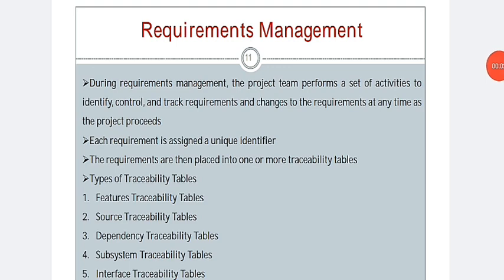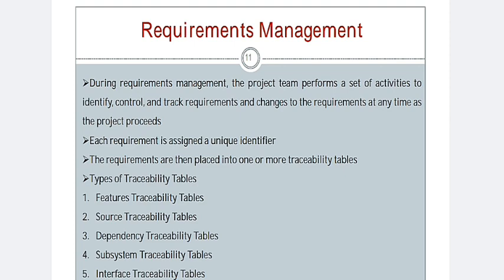Then the last task in requirement engineering is requirements management. In requirements management, the requirements given by the user have to be managed and arranged in a particular sequence, so that all requirements are implemented in the software correctly.